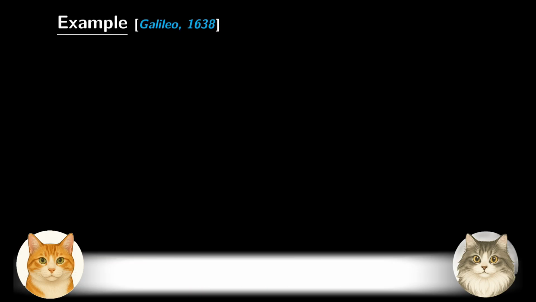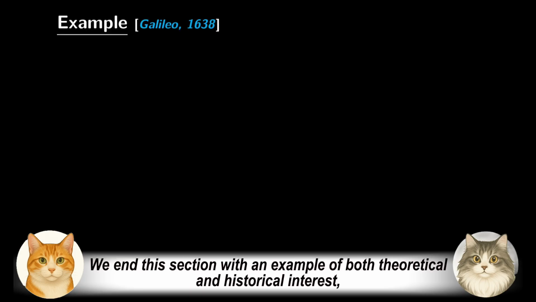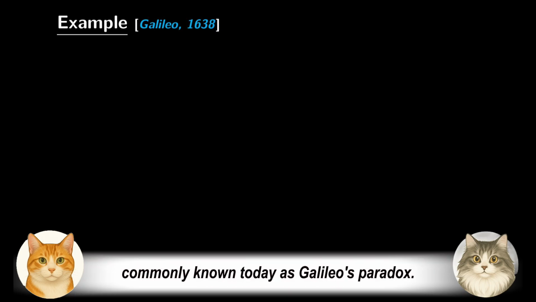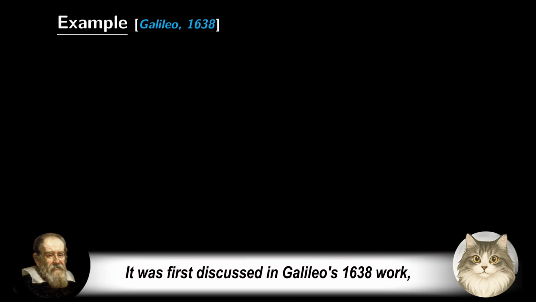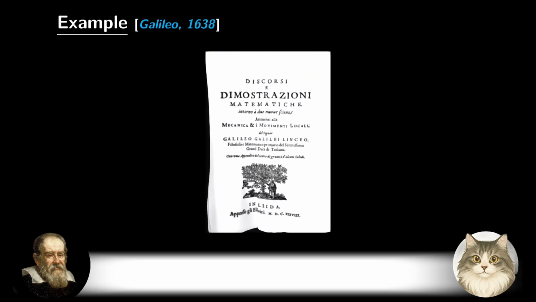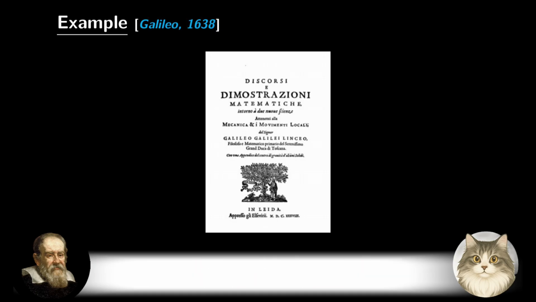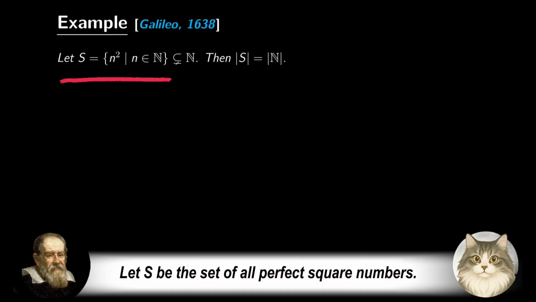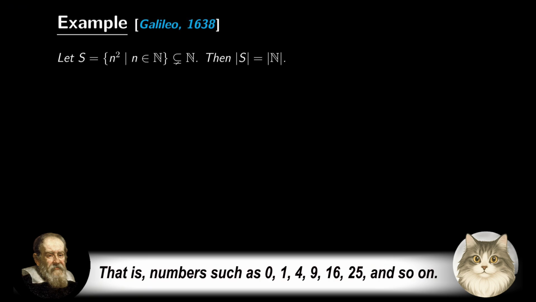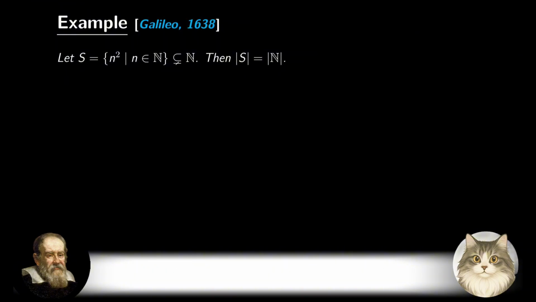We end this section with an example of both theoretical and historical interest, commonly known today as Galileo's paradox. It was first discussed in Galileo's 1638 work, Discourses and Mathematical Demonstrations Relating to Two New Sciences, the last book he published. Let S be the set of all perfect square numbers, that is, numbers such as 0, 1, 4, 9, 16, 25, and so on.